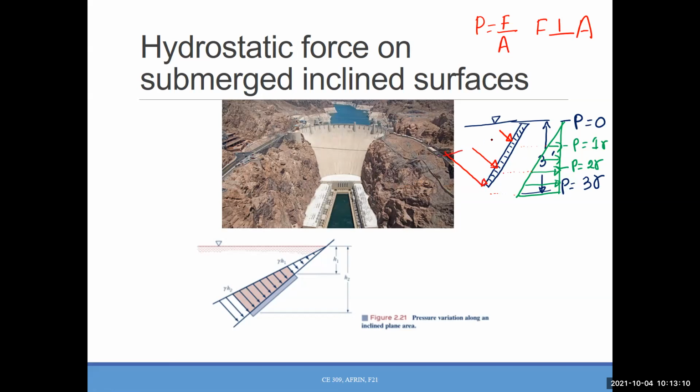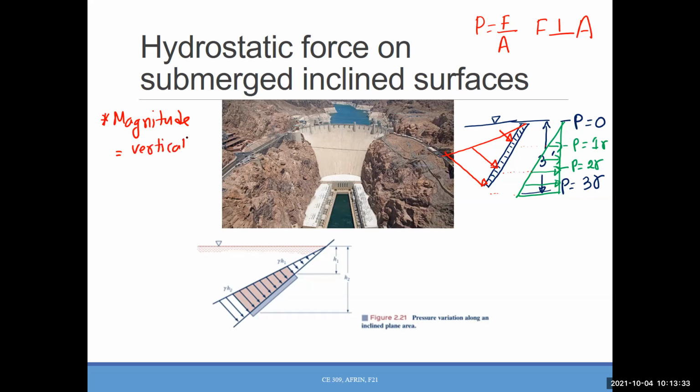And now this is the pressure distribution for the inclined plate. Still it's triangular, but just the inclined one. Okay. Now the main thing is you will get the magnitude vertically.